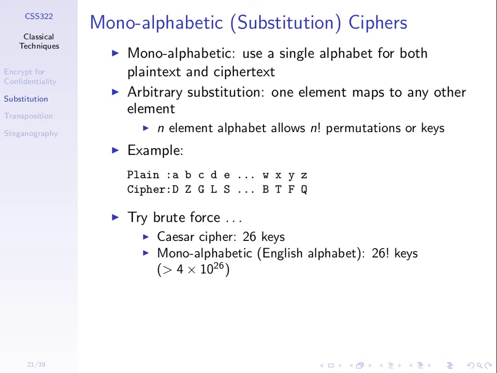A particular key with this cipher would say that if your input is A, the output is, we'd choose, D. And if the input is B, the output is one of the other 25 letters. We choose, say, randomly, Z in this case. If the input is C, the output is G, and so on. So in this particular instance, if the input plaintext was, I've only got a few letters there, BAD, for example, then the output would be ZDL.